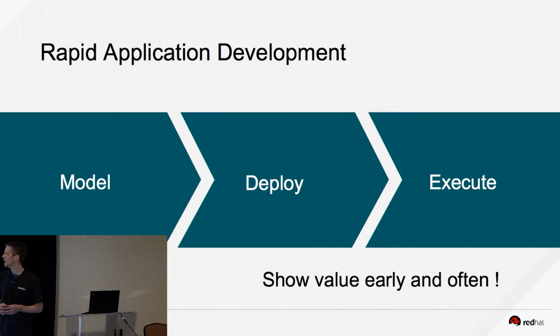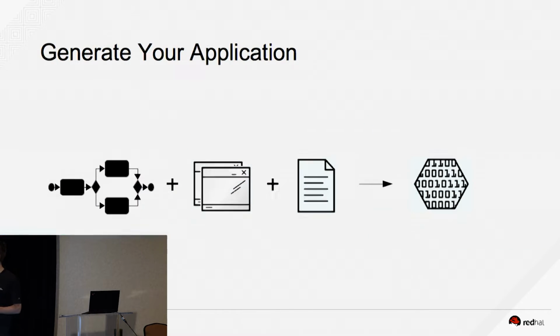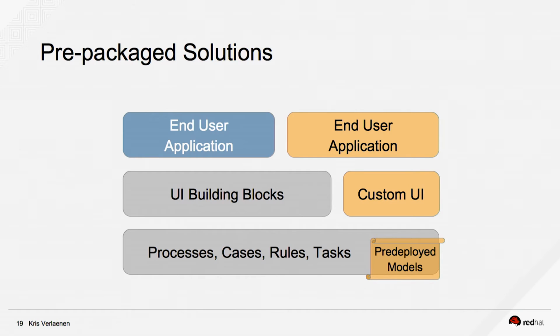One of the key reasons for being able to combine and customize these building blocks and build your application is to be able to rapidly show how a case actually works, and where the value is. Depending on the features that you're using in the case, we might even be able to generate the first version of that application for you, and then you can customize that based on your preferences.